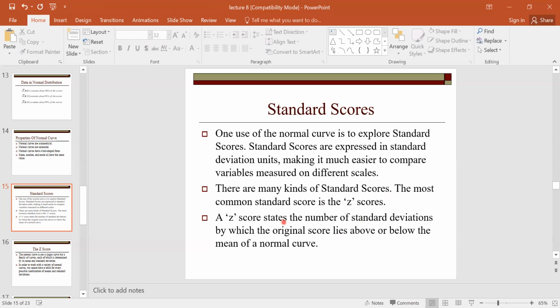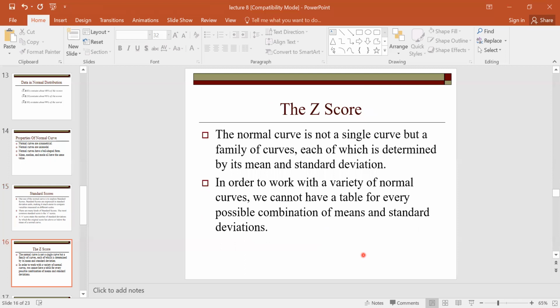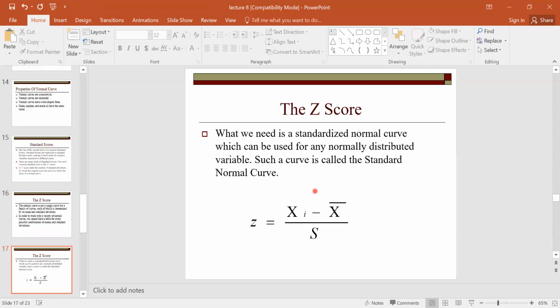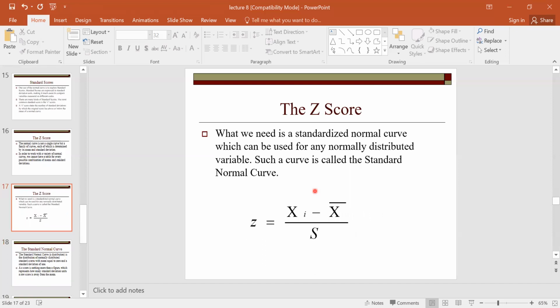The z-score states the number of standard deviations by which the original score lies above or below the mean of a normal curve. And this is not a single curve. The normal curve is basically a family of curves. If we have different means and different standard deviations, we get different curves. So we have a variety of normal curves in normal distributions.